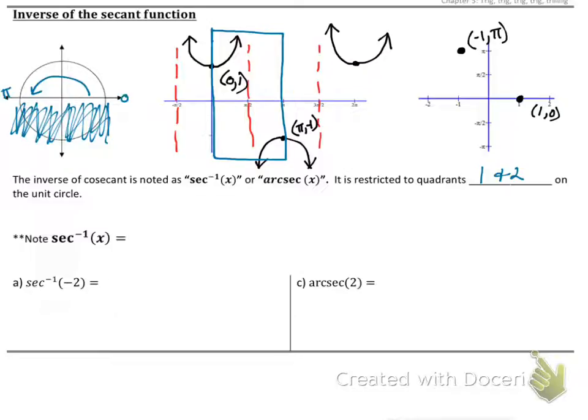Okay, before I draw any lines or anything like that, let's picture where our horizontal asymptote is going to be. Well, if I have a vertical asymptote at pi over 2, that means on the reciprocal, I'm going to have a horizontal asymptote at pi over 2 because our inputs and outputs change places. So we are going to have a horizontal asymptote there, which is going to lead us to the fact that this is going to go like this, and this one's going to go in that direction.